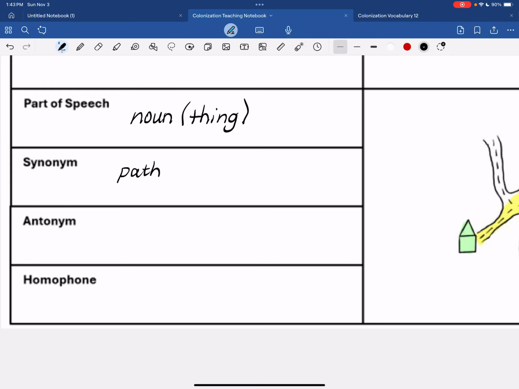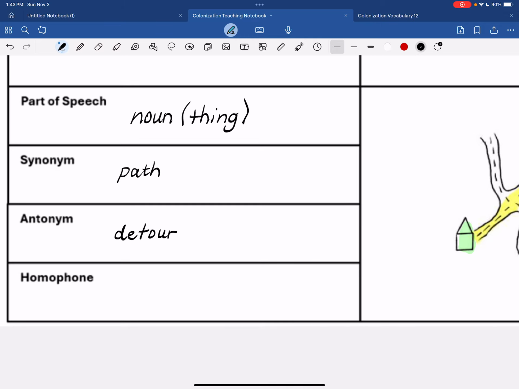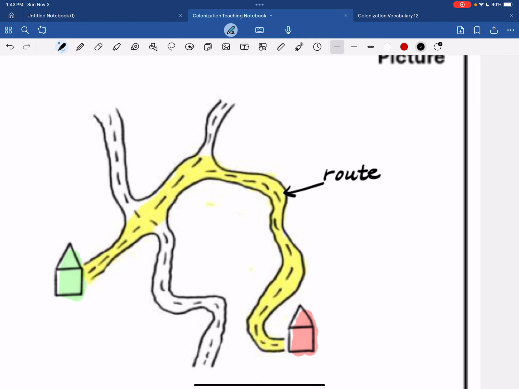An antonym for a route could be a detour. A detour is a turn that takes you away from your route. So, for example, let's say in our picture here that there was an accident right here. So I can't pass through there.